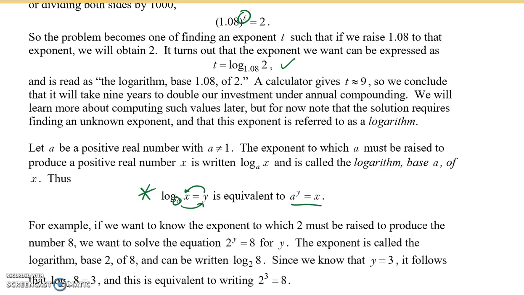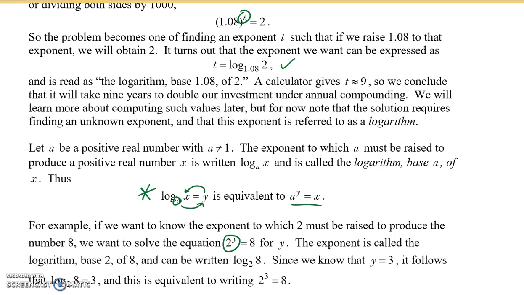Okay, we know that exponent would be 3, 2 to the third equals 8. We want to solve the equation 2 to the y equals 8 for y. The exponent is called the logarithm base 2 of 8. It's logarithm base 2 because 2 is the base of this exponential expression. The logarithm can be written log base 2 of 8.